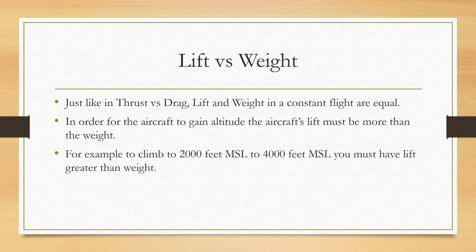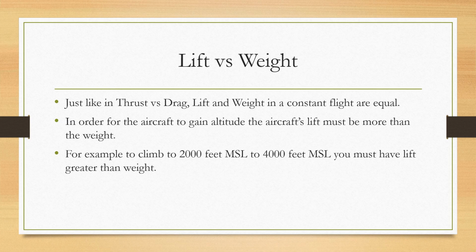When you're looking at weight versus lift, it's the same thing as the thrust versus drag. They are equal to each other inside that constant steady flight. In order for the aircraft to either gain altitude or to lower its altitude, depends on what you're trying to do.